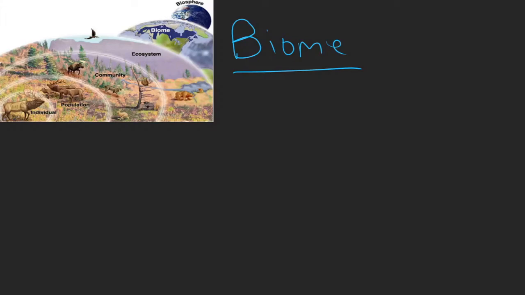So an ecosystem is more about one particular location, a specific ecosystem. When it comes to biome, we're talking more in a general sense of what we might find in a typical ecosystem within this particular biome. So it's a collection of ecosystems.